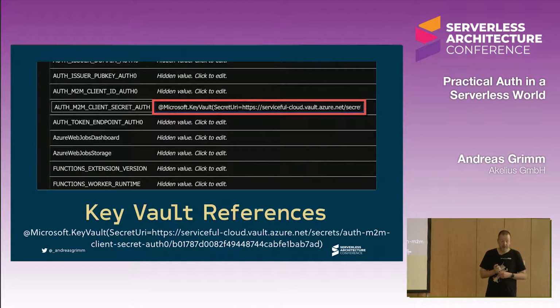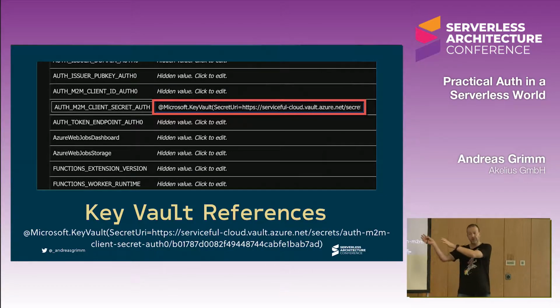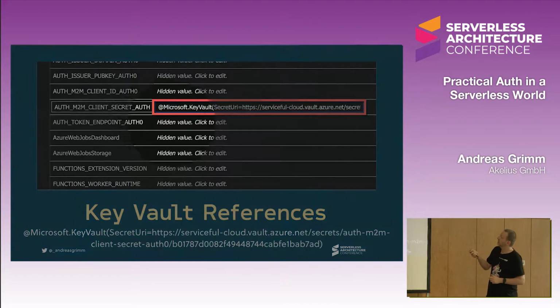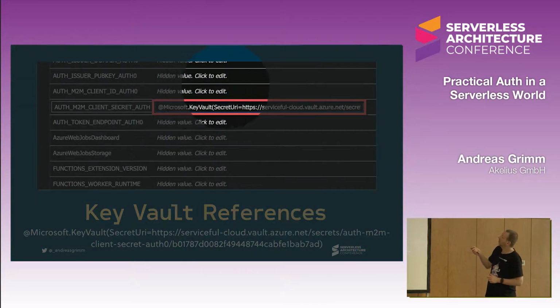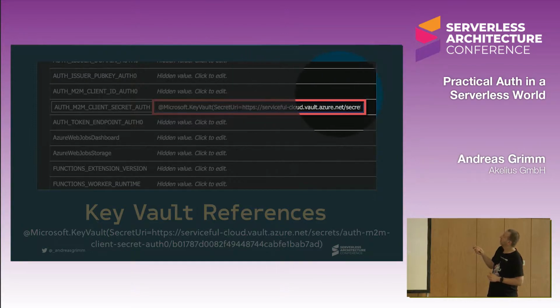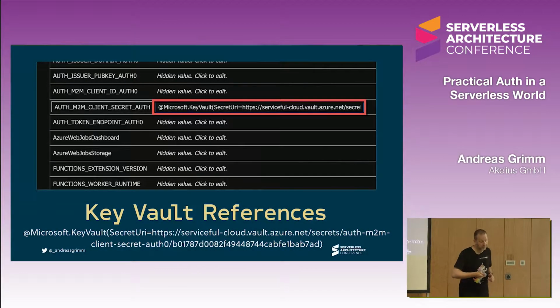One way is that Azure provides something called Key Vault references, where in your environment variable, you don't put the actual secret, but just a pointer to the secrets management system where this secret lives. And this is the so-called Key Vault reference. And somewhere there is the name of the secret.